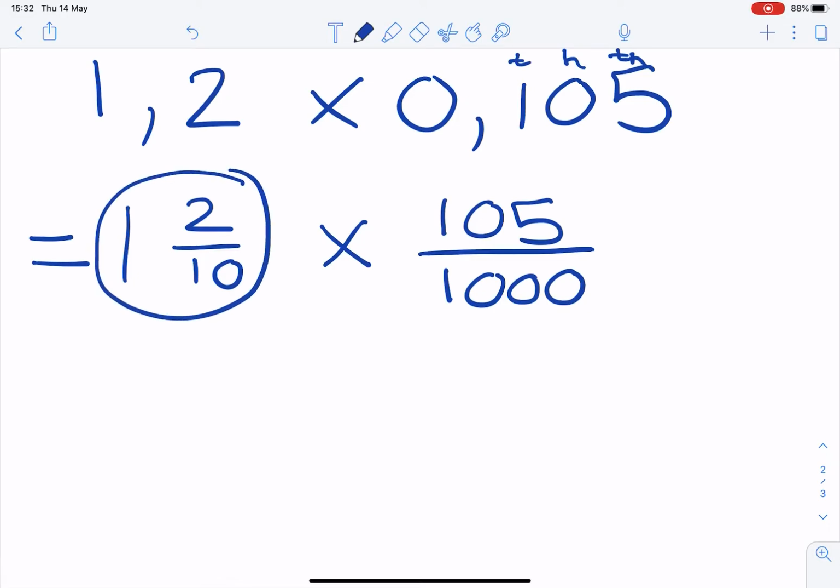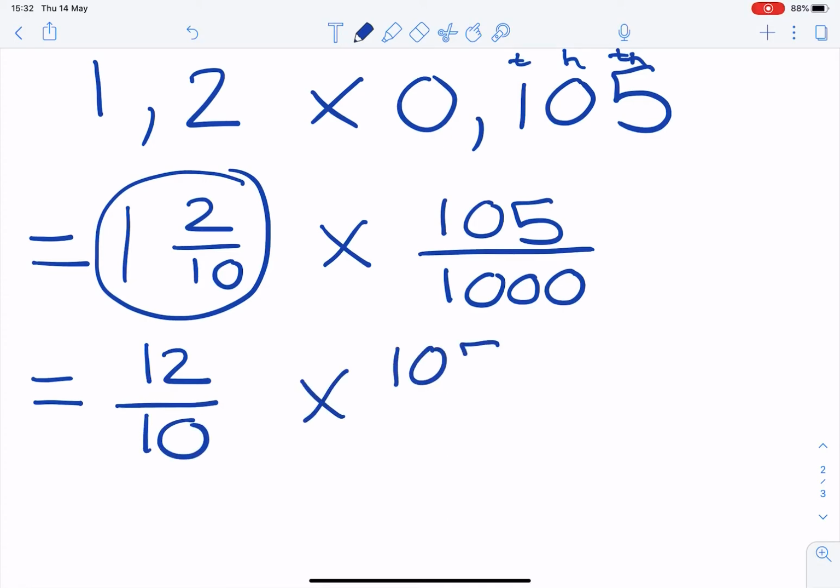We need to change this mixed number into an improper fraction. So it will be 12 over 10 times 105 over 1,000.